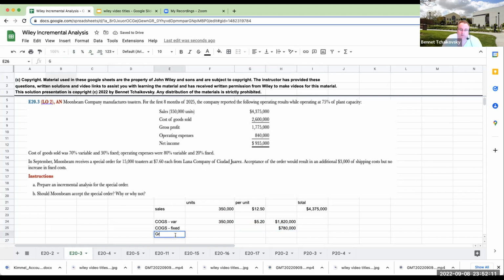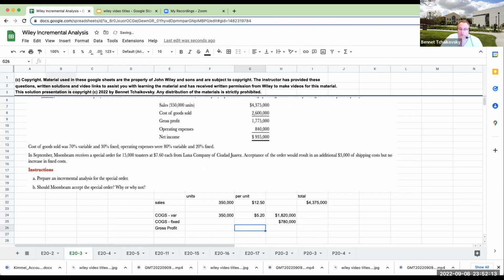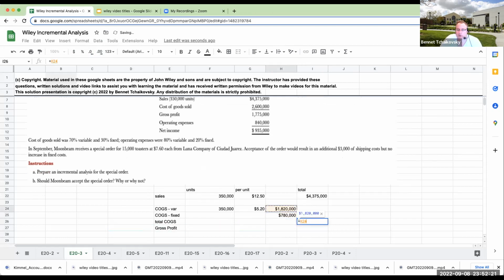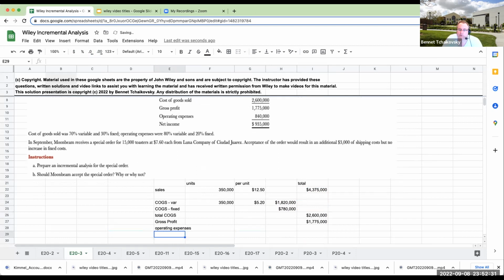Our total cost of goods sold is 2.6 million, so our gross profit is not changing. We're just reformatting what we're doing here. For my operating expenses, 80% are variable and 20% are fixed.